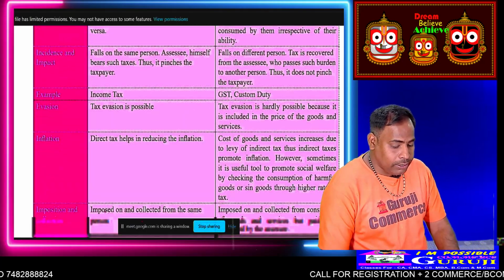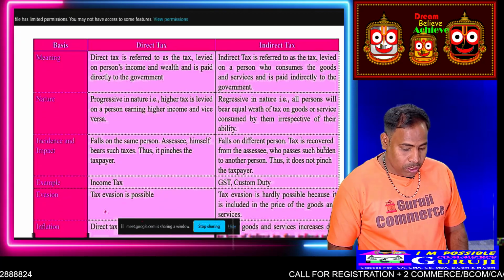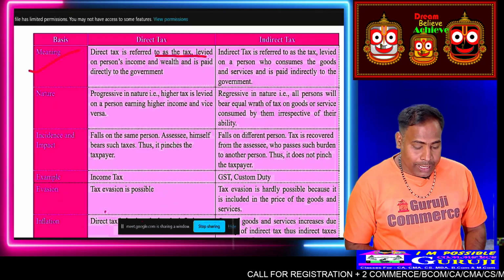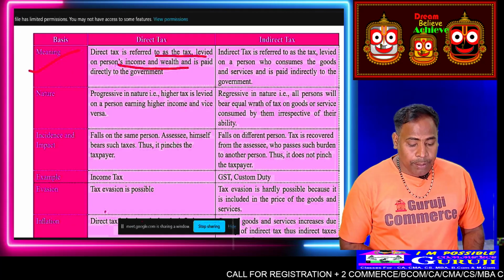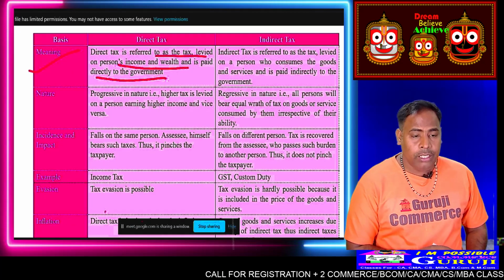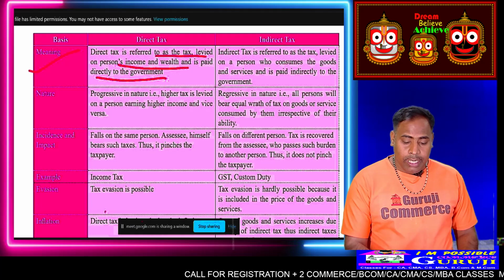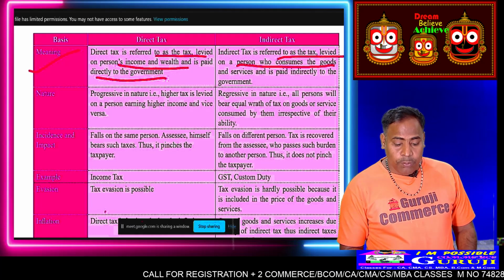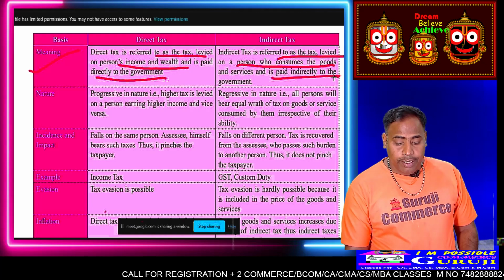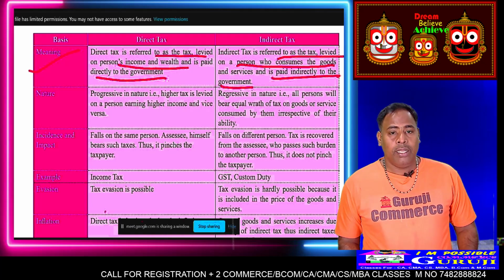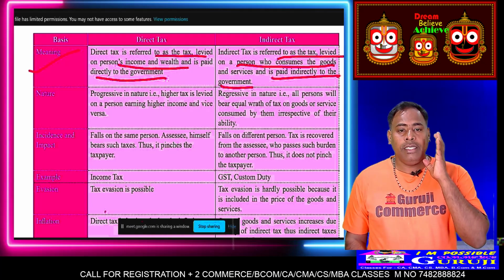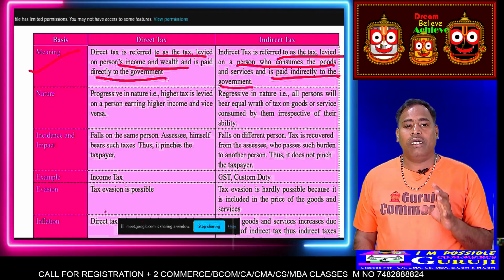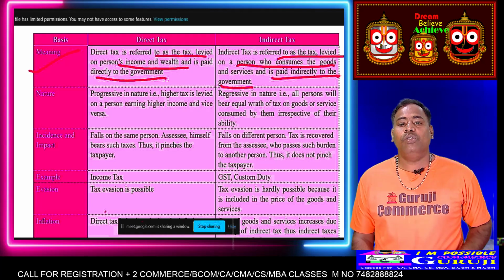Here direct tax. Meaning, direct tax refers to the tax levied on one person's income or wealth, and it is paid directly to the government.